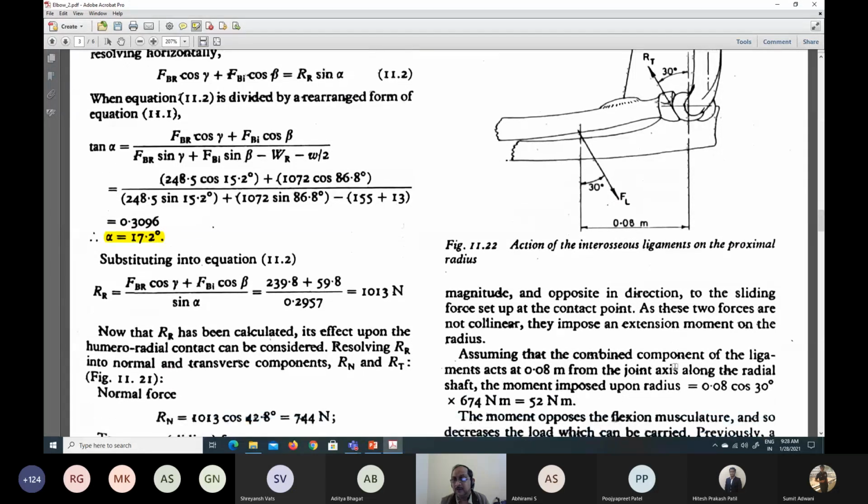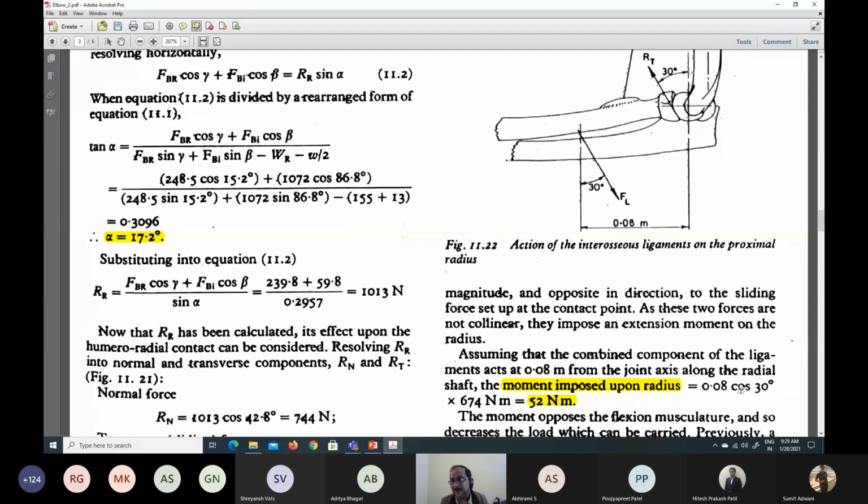Okay, so you can see the combined component. The combined component of the ligamentous system will impose a moment. The moment imposed upon the radius by the ligamentous system is of magnitude 52 Newton meters, which is calculated from this moment arm 0.08.